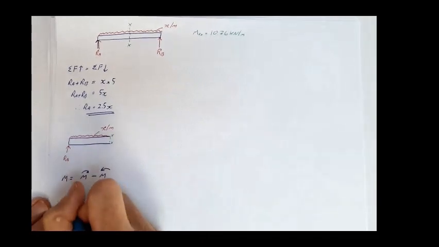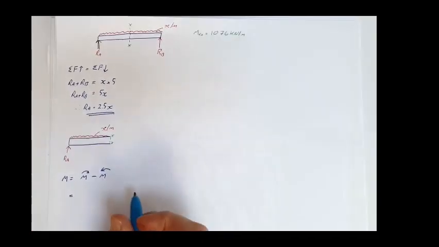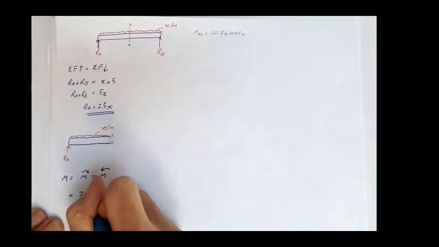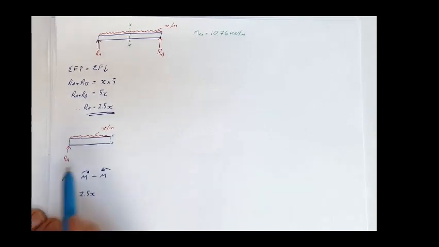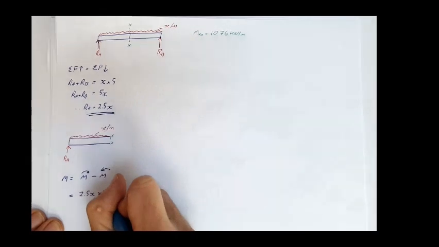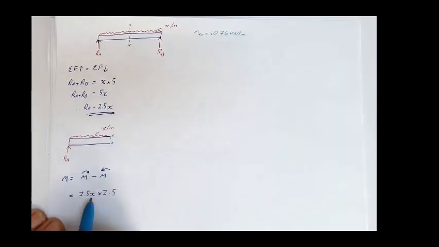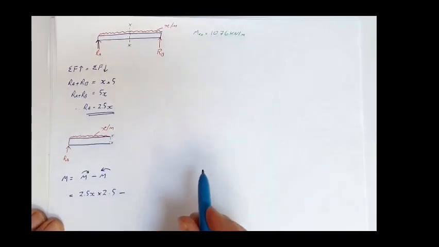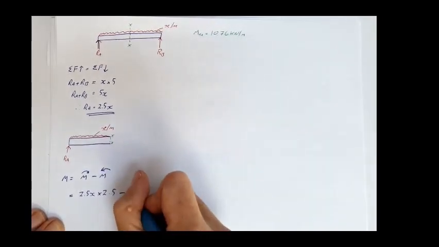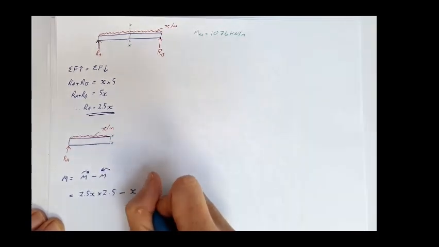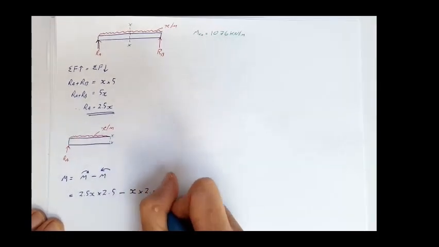My clockwise moments are equal to 2.5x, so that's RA. And how far away is that? That is 2.5 meters away. So that's my force and my distance, minus x newtons per meter on top of the beam, times 2.5, half of the beam.